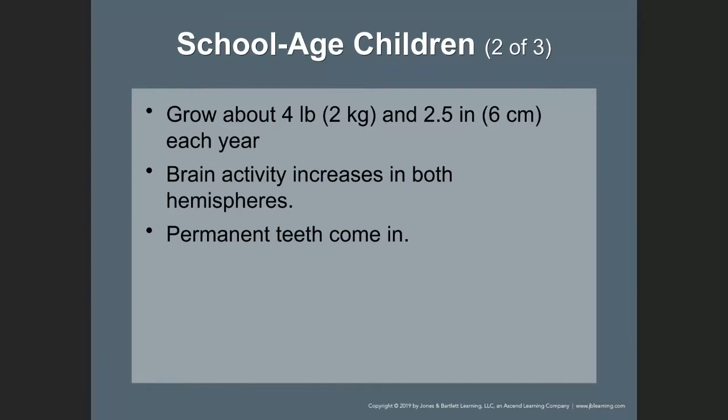Their brain activity increases in both hemispheres, and they can become dominant in one. So persons that are dominant in the left hemisphere, meaning they are left brain dominant, they tend to excel at academics, English, maths. They're very good at academic stuff.